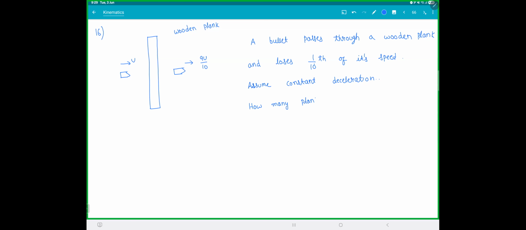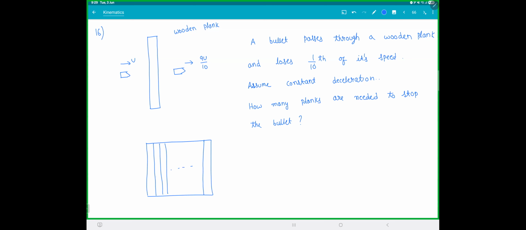Another standard question. Meaning, if I'm going to put a bunch of identical planks, 1, 2, 3, so on till n, and if you fire this, I want the bullet to come to rest.